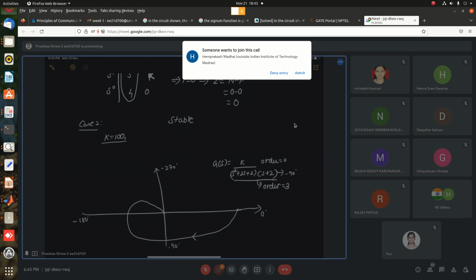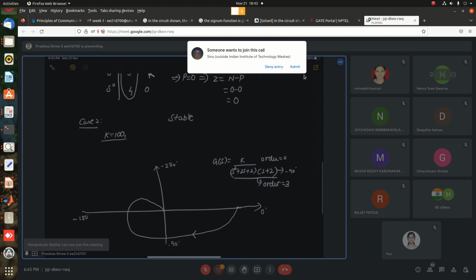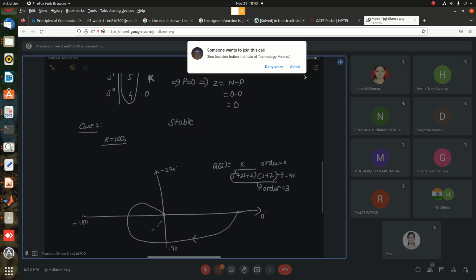For 3 poles, it will be giving a phase shift of minus 270 degree. Therefore, it ends at minus 270 degree. So whenever it is of the form like this, then the Nyquist plot can be drawn like this, right? Sorry, the polar plot is drawn like this, and the mirror image is drawn like this. So the complete picture of the Nyquist plot is now present.